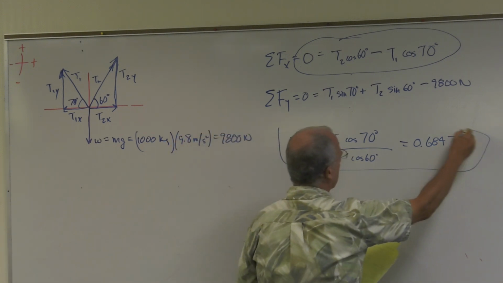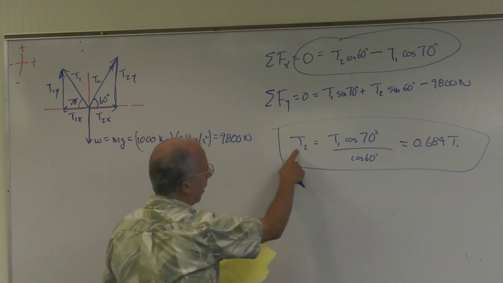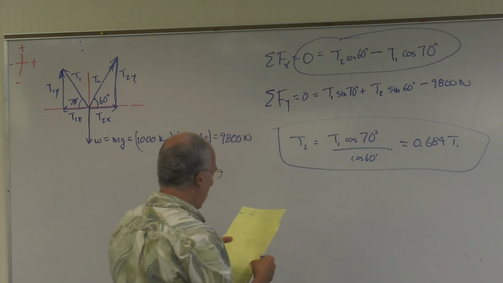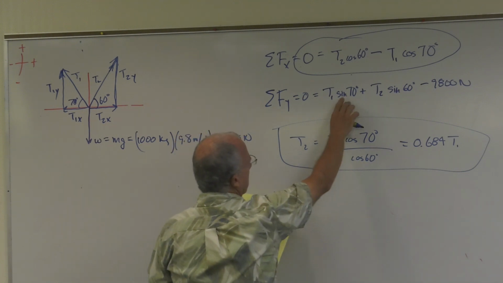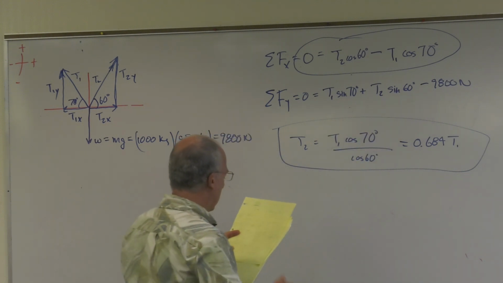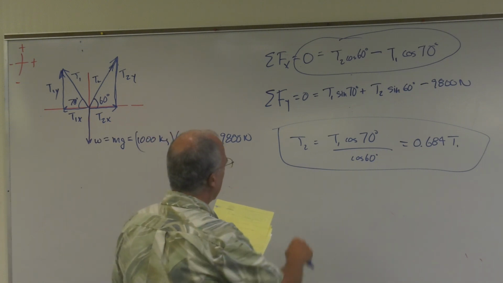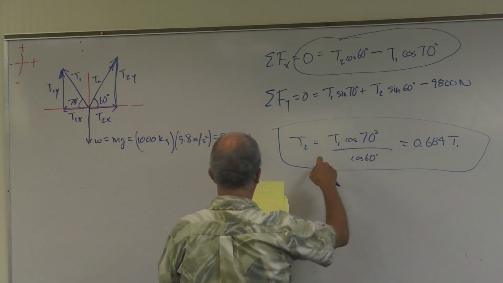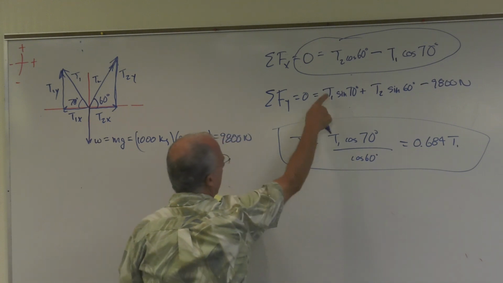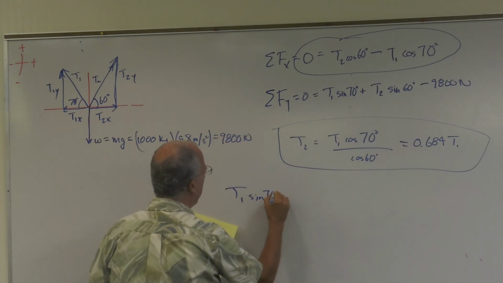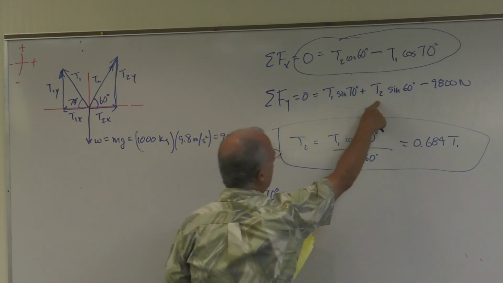Now we know what T2 is. So now let's plug in our value for T2 in this. And I'm going to plug in sine of 70 and sine of 60. Oh, I guess I'm not. First I'll write it out. So plug it in here. So we have T1 sine 70 plus T2.